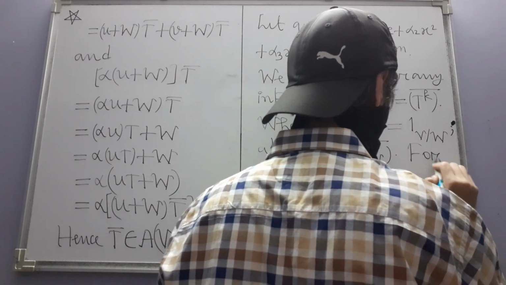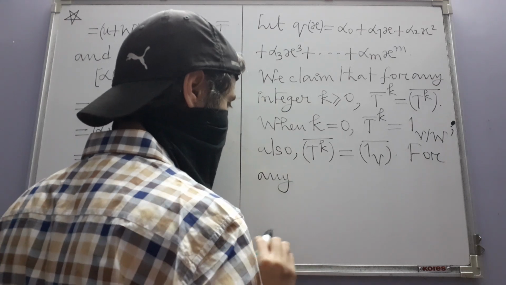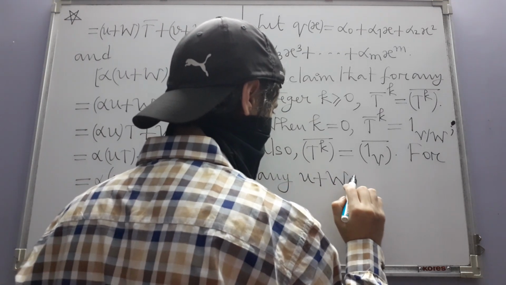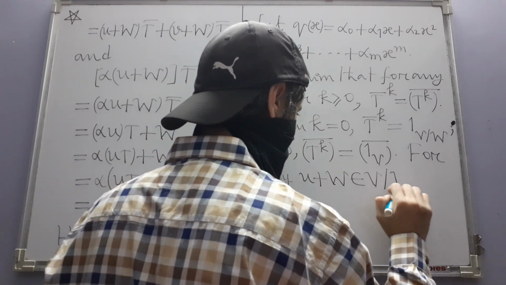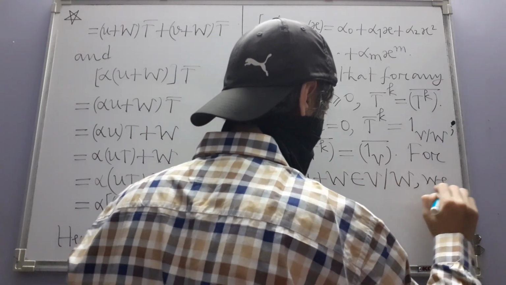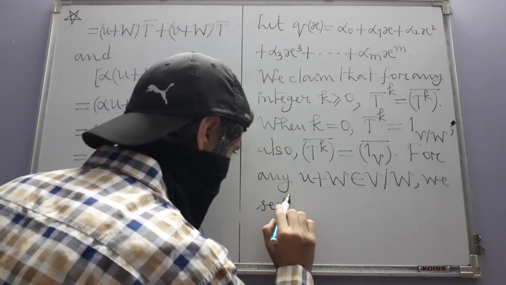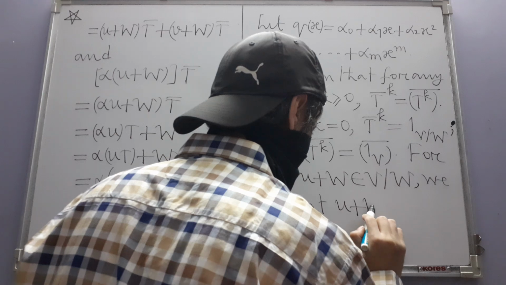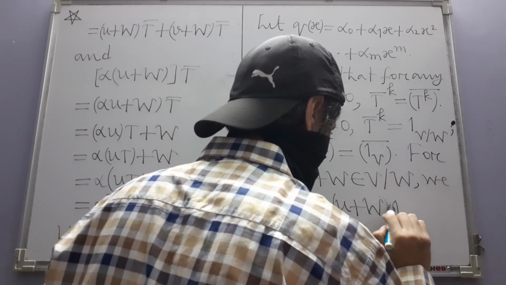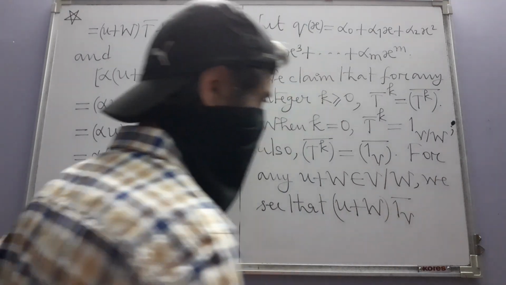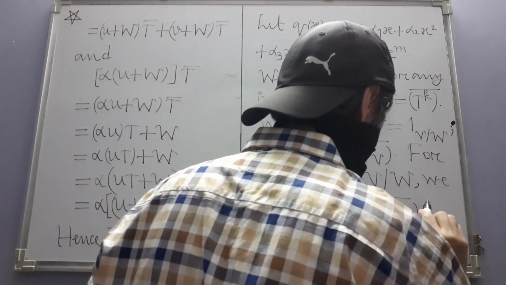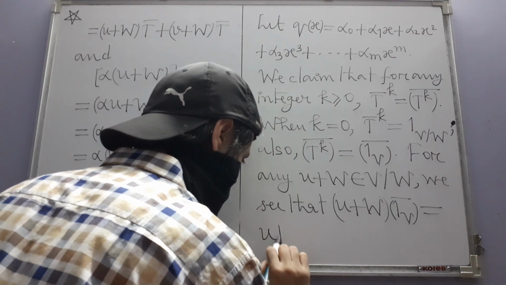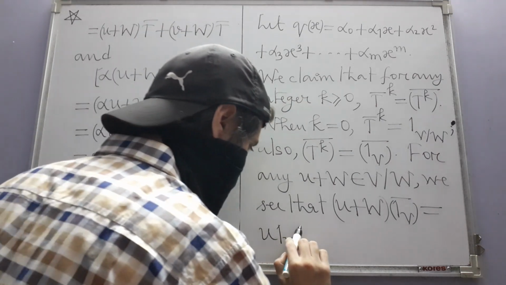For any element, you can take again u plus w, say, in V/W, we see that when we apply 1_V bar on this element, by the definition of the bar operator, we have to apply 1_V on u and then write plus w.